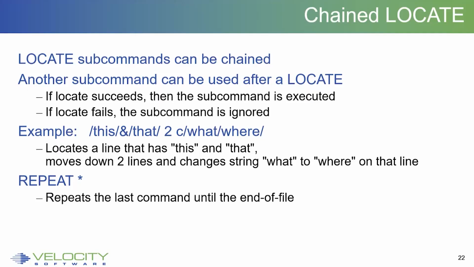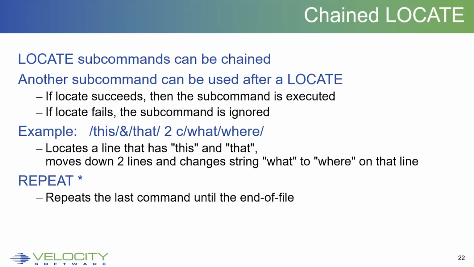Slash this and that, and then 2, and then a C, which is short for change, what to where. And what that example does, it looks really strange. That locates a line that has both this and that strings. So the line has to have both of those strings on it.